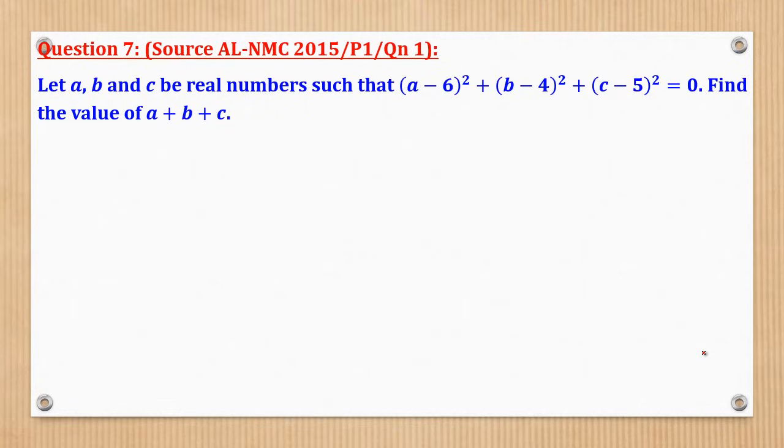Question 7 says, let a, b, and c be real numbers such that this plus this plus this is equal to 0. Find the value of a plus b plus c. So now that takes us to the core rules of algebra, the ones I talked about in day 1.